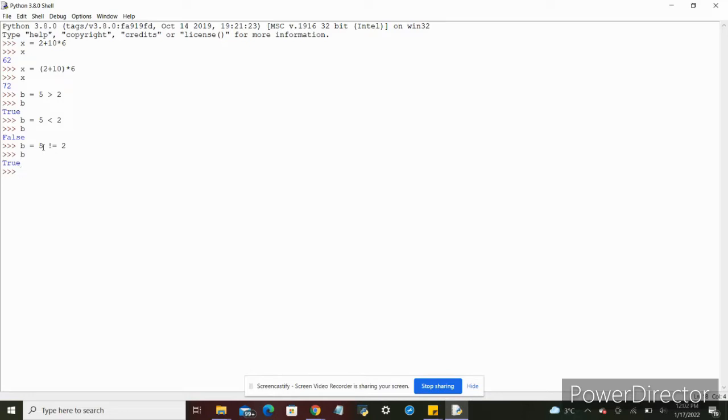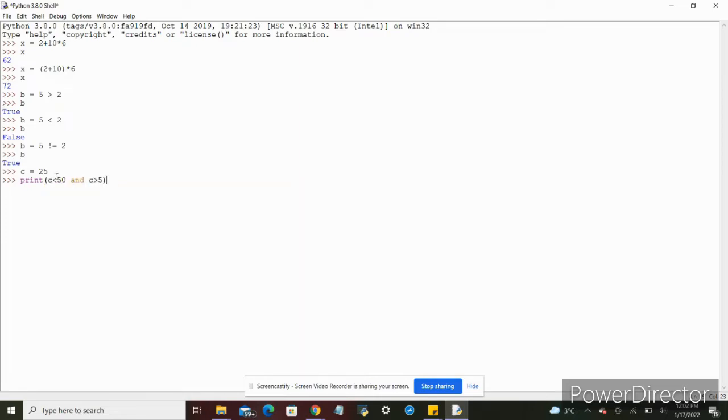Next, we're going to be talking about logical operators. Logical operators, well, if I use c equals 25, print c is less than 50 and c is greater than 5.